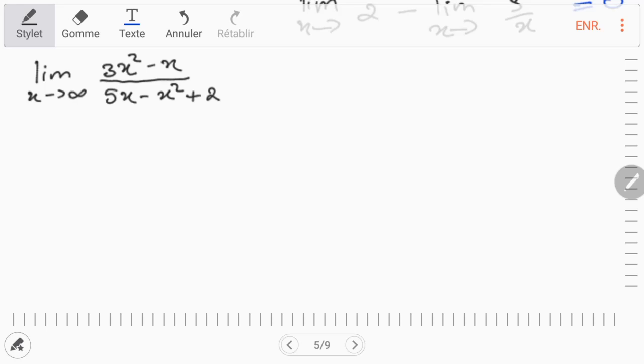Here we have the highest power of x to be 2.